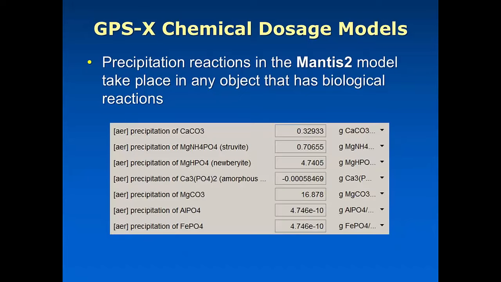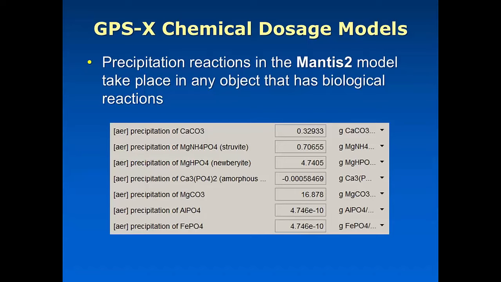So you can at any point actually plot how much precipitation is happening by going to the output menu called Mantis 2 rates and pop up this part of the menu. Mantis 2 rates contains all of the rates that are going on as we solve them, the amount of material that's being converted from one form to another over time, and it's broken out by the rows of the matrix.